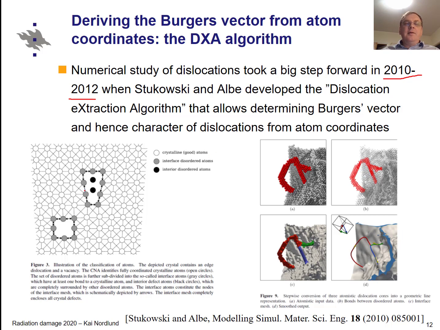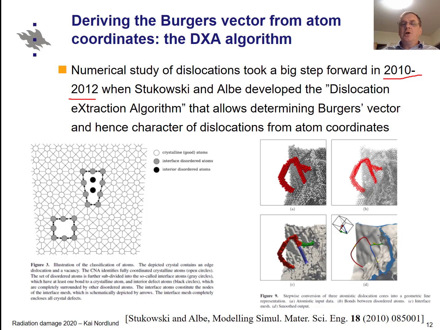In principle, what they did is exactly the definition of the Burgers vector, but it's not so easy to do automatically in a computer, because you need to define where the dislocation core is, what are defective atoms, and then form this circuit.